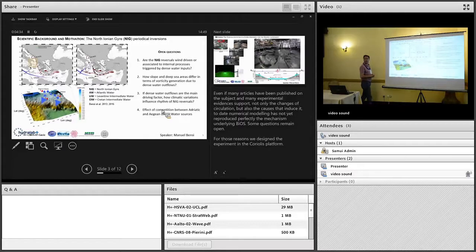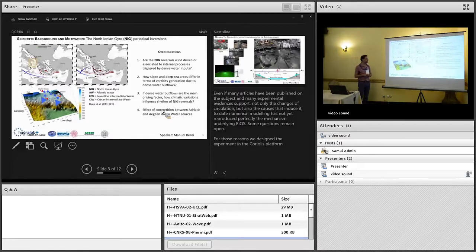Some questions remain open exactly because there are large discussions on feedback and mechanisms that are able to induce such reversals. In particular, the most important was whether the NIG reversals, the North Ionian Gyre reversals, are wind-driven or mainly, as we thought, associated with internal processes, that is, injections of dense water.